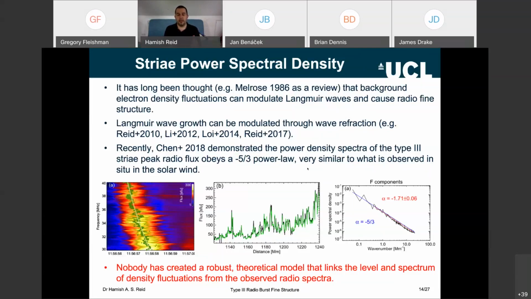And indeed, the theory is required if we want to use the type 3 radio emission as a diagnostic, not only of the density turbulence, but also potentially of the electron beam characteristics themselves. And that's where the study that I'm going to go over next highlights and strives to answer this question.